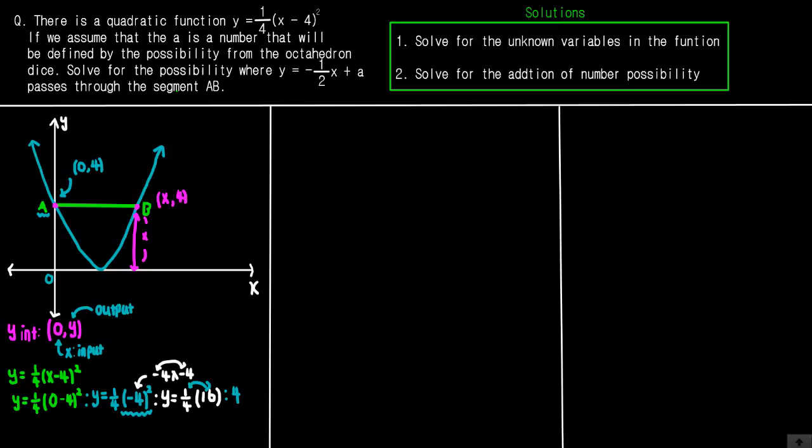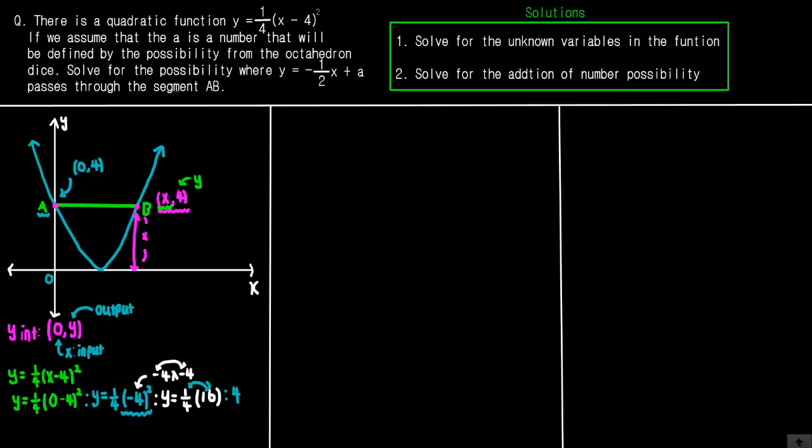So it is on our quadratic function also, which means when we input exactly the same value, it is going to satisfy our equation too. So if we input the value of 4, which is our y value and is known, we can get our x value as the input of our function.